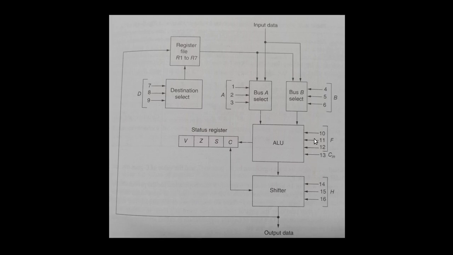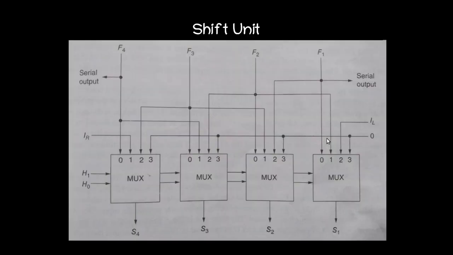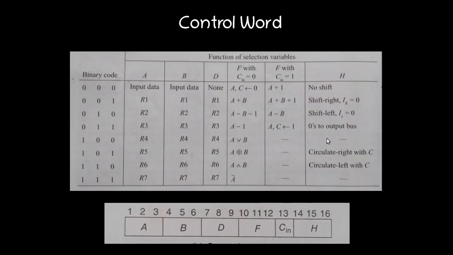By using these four select lines, we can have different arithmetic and logic operations. In the case of arithmetic operations, based on the Cin value we can have different arithmetic operations. In the case of logic operations, there is no significance for Cin. We will use only these three inputs for select lines. That is mentioned here.